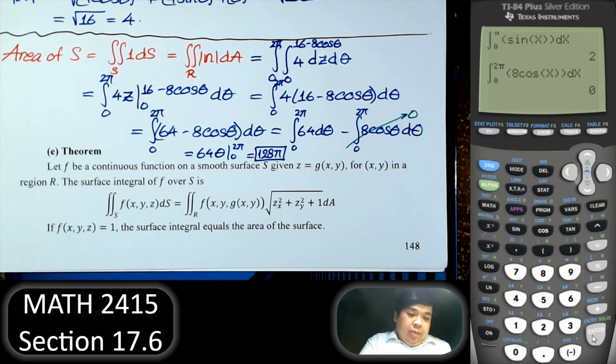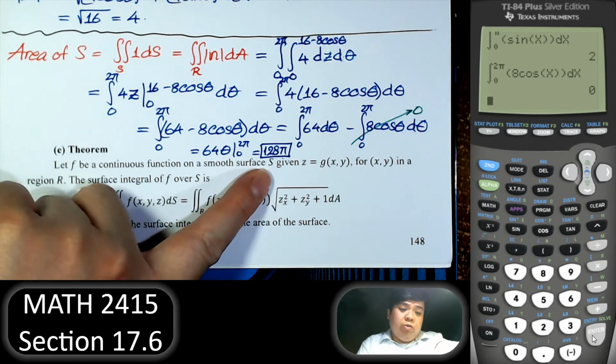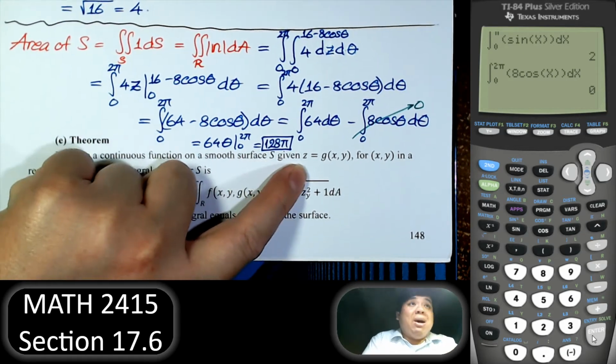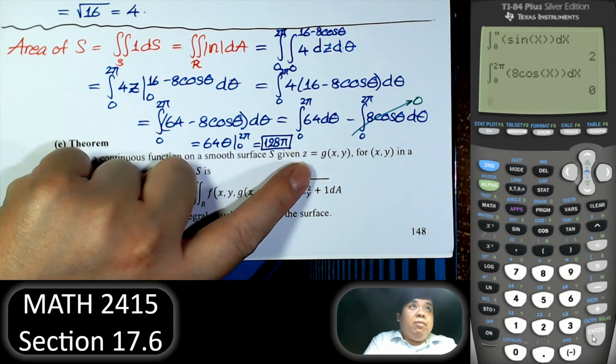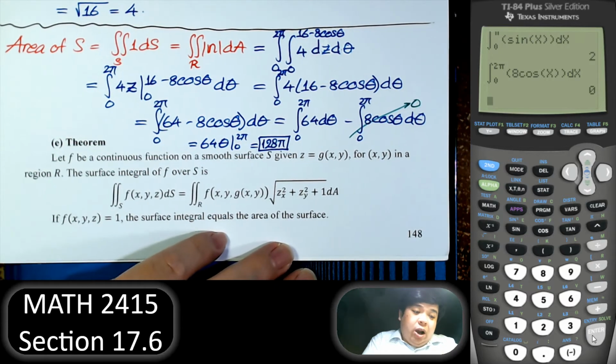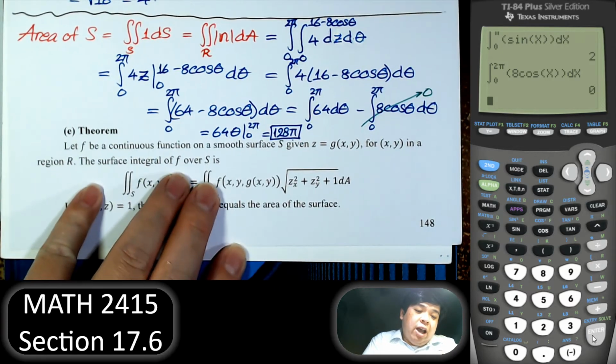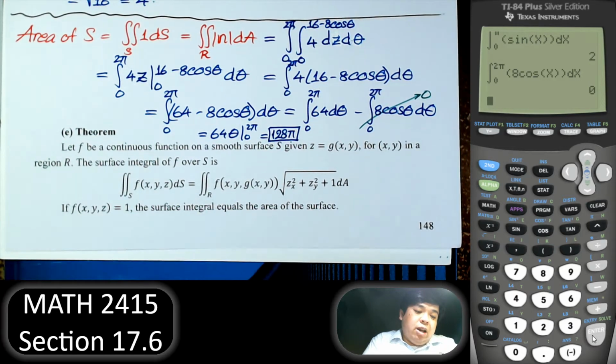Next, for a special case, let f be a continuous function on the smooth surface S given by z equal to g of x, y. Now we have z depending on x and y. For x, y in a region R, the surface integral of f over S is given by that.